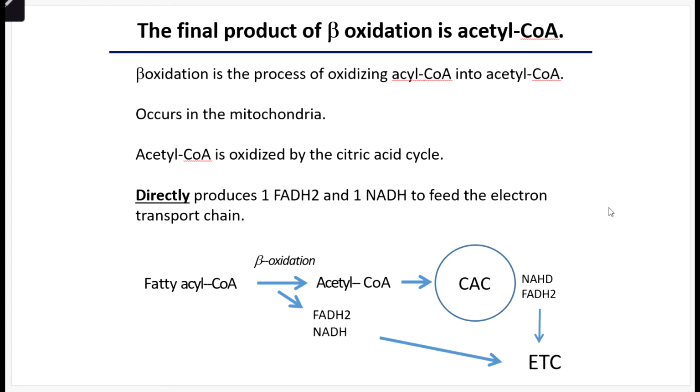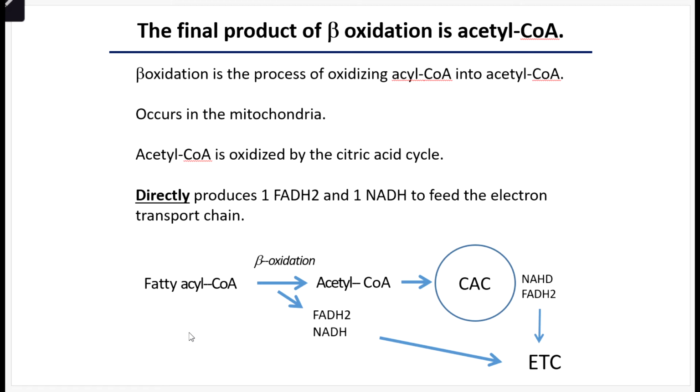And so you might think, well, if it's skipping the first stage of central metabolism, why doesn't it generate less energy? It's because fatty acids are very, very long chains of hydrocarbons. And so you can generate more energy because it's a more reduced molecule. It has more hydrogens to donate to NAD and FAD.